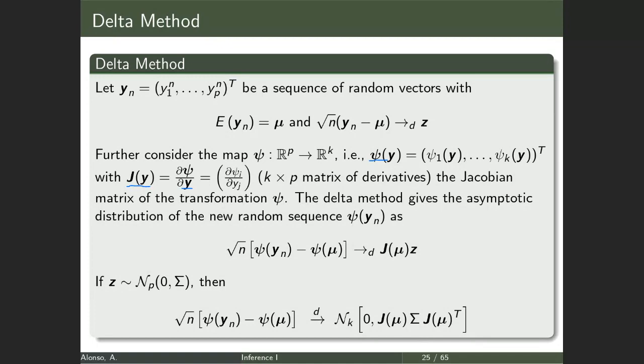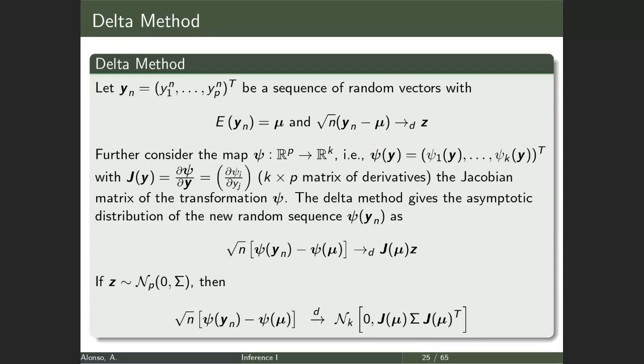So for instance, you calculate the derivative of psi with respect to y_1, and you're just calculating the derivative of each component with respect to y_1, and that will give you a column of the matrix. You don't need to understand all the mathematical details, but it's useful to have some understanding of what is going on, and we call that the Jacobian of the transformation.